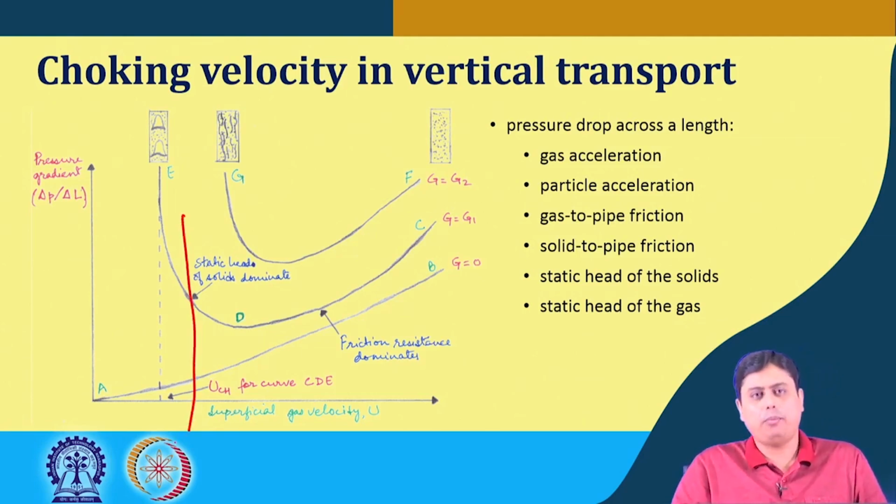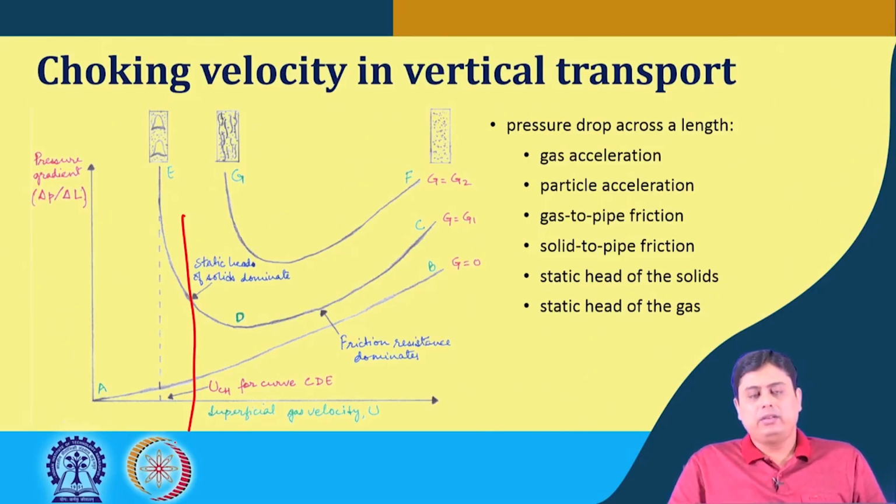So, it is better to operate far distant from this choking velocity, because nearer to the choking velocity there is a transition zone, it can move towards this choking velocity at any point of time. The control is very poor in that region.